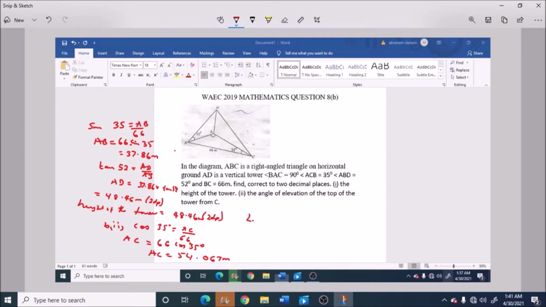Okay, but let alpha be equal to angle ACD.